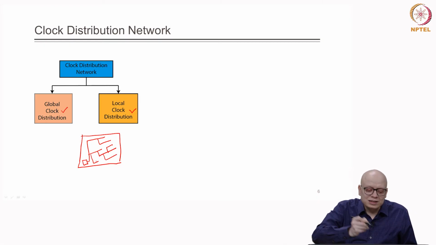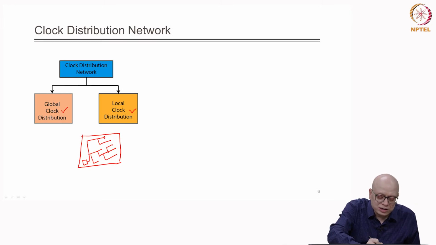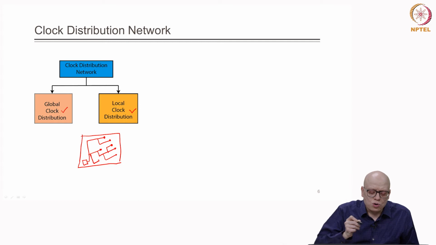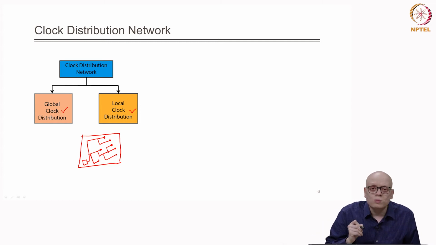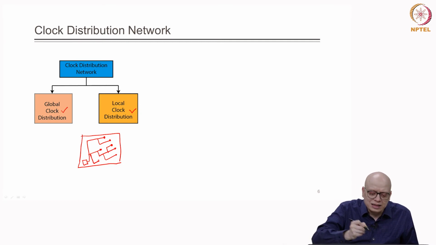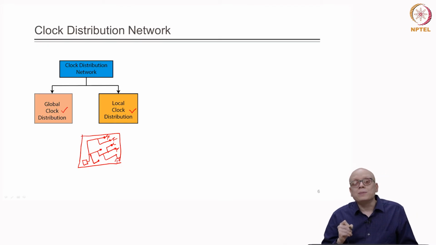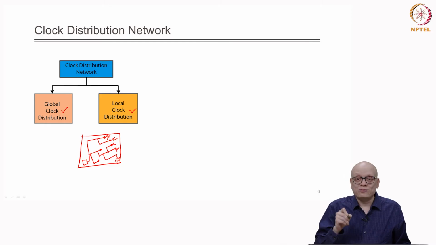Wherever this global clock distribution network ends, these are the endpoints of the global clock distribution network. I am not showing the buffers and inverters in this global clock distribution network just for easy illustration. From the point where the global clock distribution network ends, the local clock distribution network will start, and this local clock distribution network will basically supply clock signals to the flip flops, right.